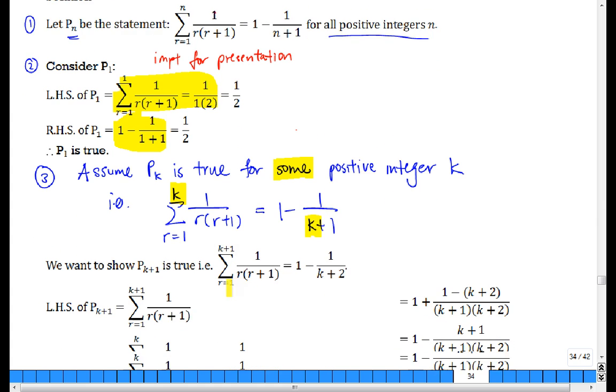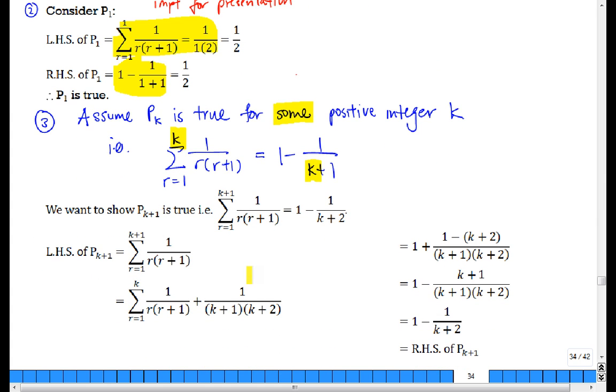So, step number 4. We want to show Pk plus 1 is true. That means we want to show this. This is what we want to show, and we can see that this is the right hand side we want to get to. So let's start off with the left hand side of Pk plus 1. What is the left hand side of Pk plus 1?